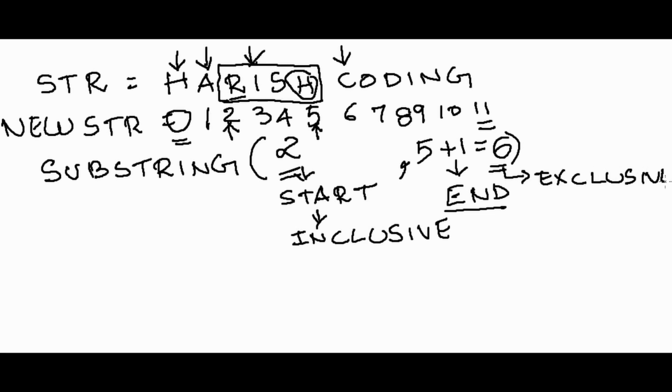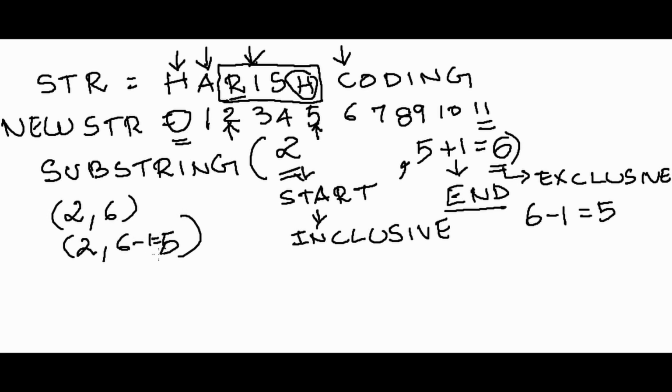Exclusive means if you give 6 as the end index, Java will decrement the value by 1 and take 5 as the end index. This is how Java internally works. So you are giving 2, 6, but internally it is 2, 6 minus 1, which is 5. So 2, 5 is the index range which Java is going to read. The starting index is 2 and the end index is 5. Now you will be getting RISH alone.